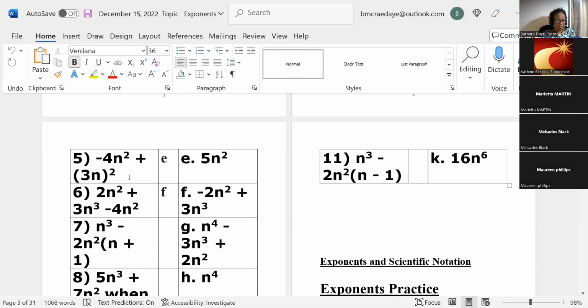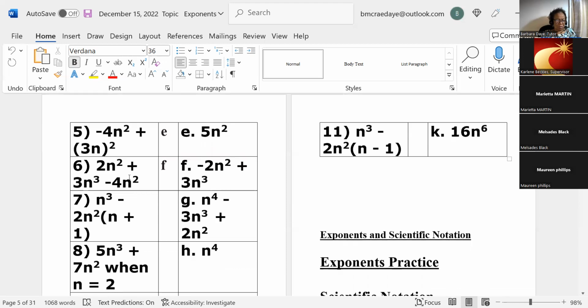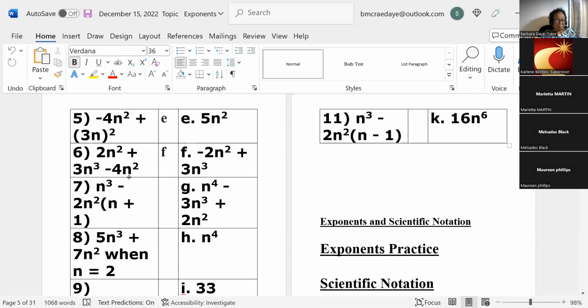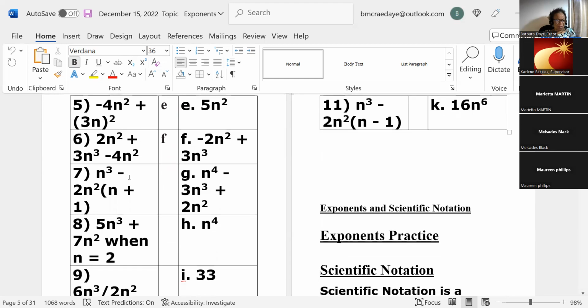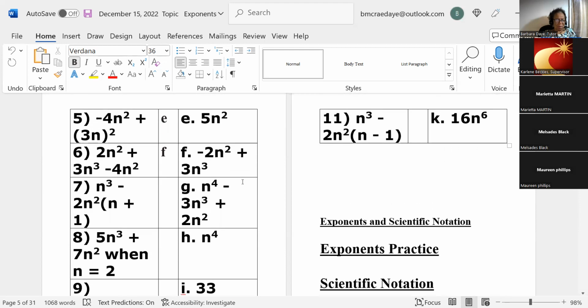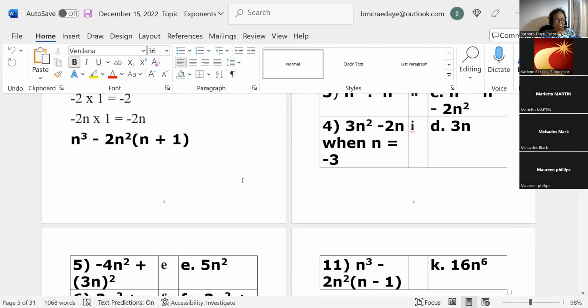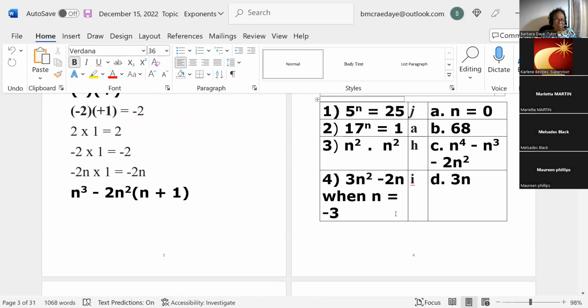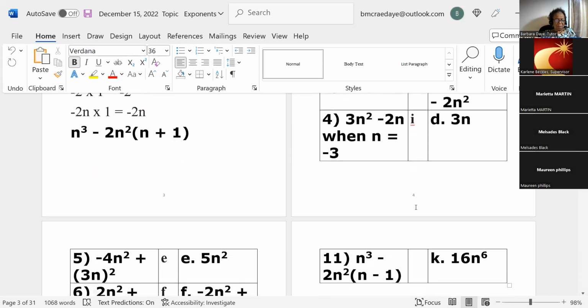The one that matches is G. But G has n to the fourth. We didn't have an n to the fourth. But I haven't seen the rest of the alphabet. I only see K.